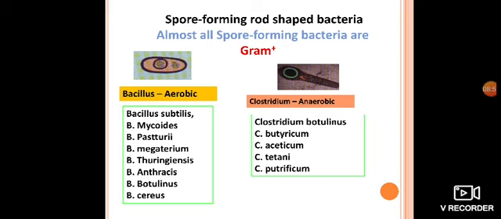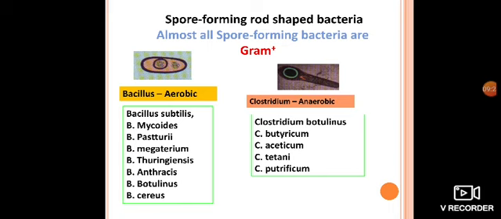Okay, so if the microorganisms are in a bacilli shape, or a rod shape, they generate spores. And how they are distinguished, and different examples, are considered in this slide. First, we observe a bacillus, which has aerobic properties.